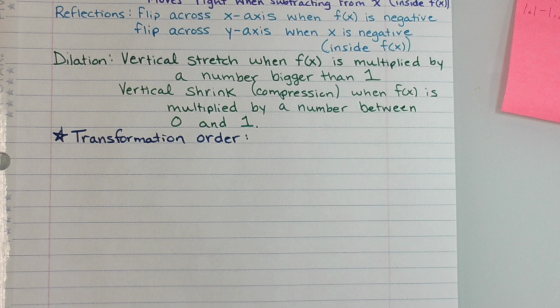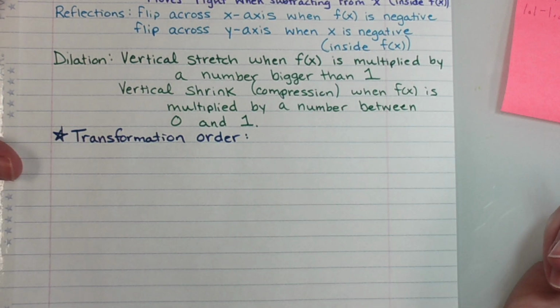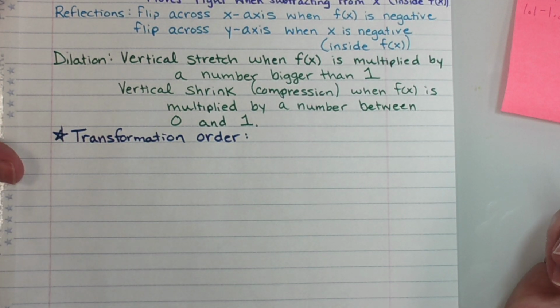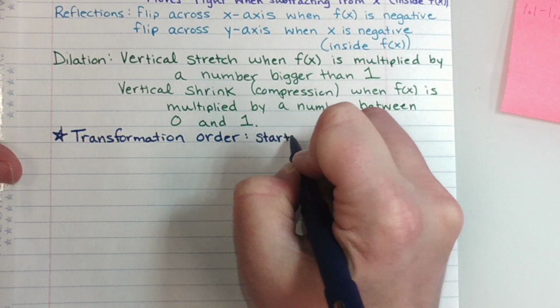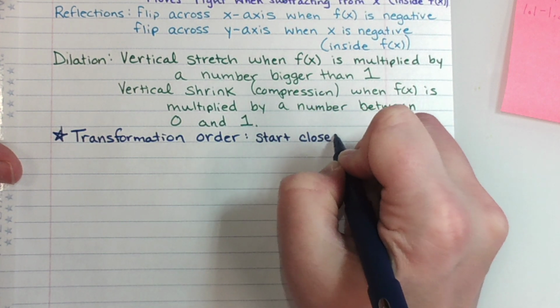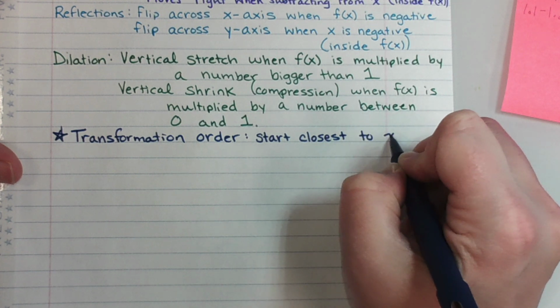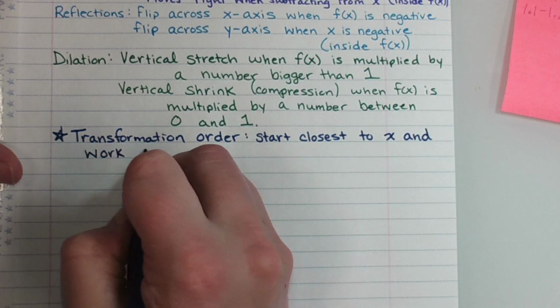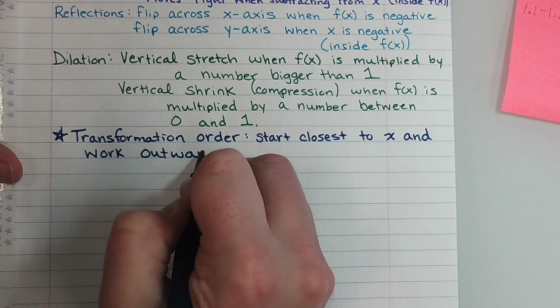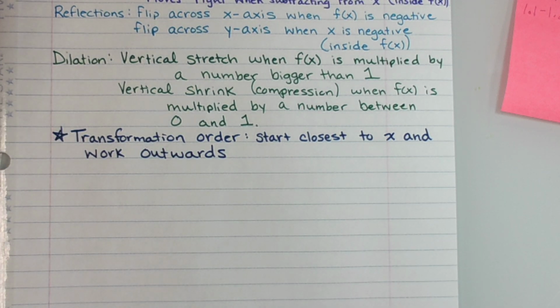The proper order is starting closest to x and working outwards. I'll explain that a little more clearly when we actually get to the problems.